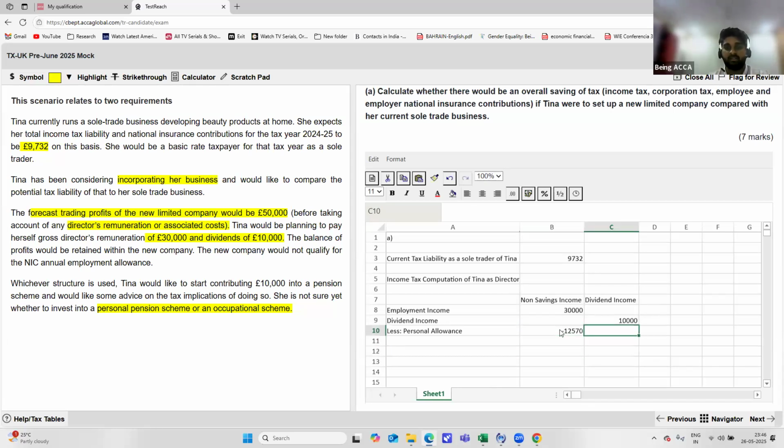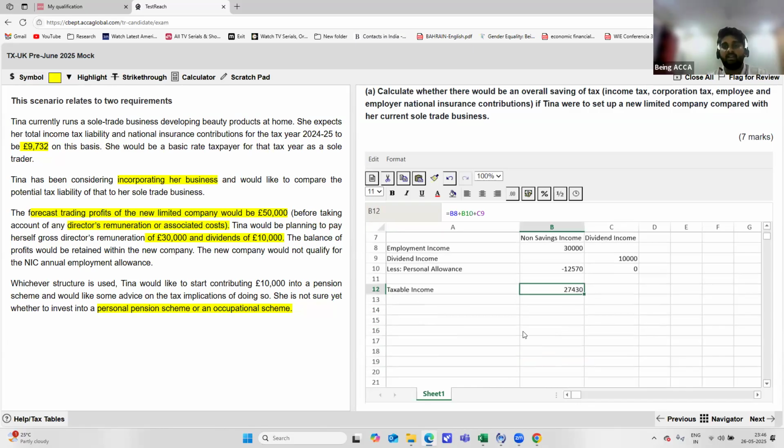So that gives us, and here it will be 0. So that gives our taxable income is equal to this plus this plus this. That will be taxable income is therefore 27,430.